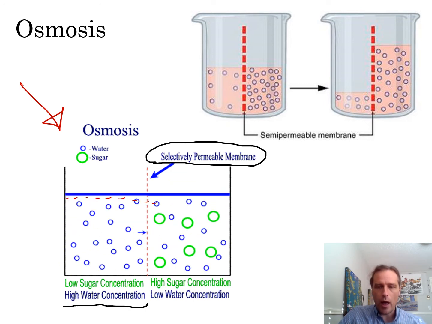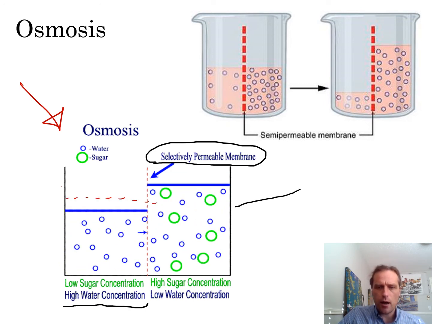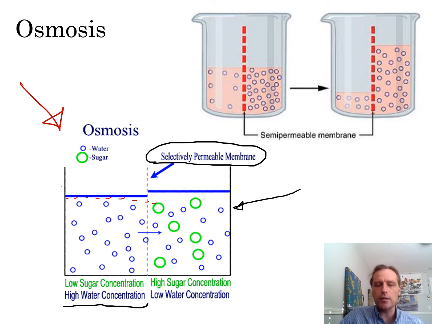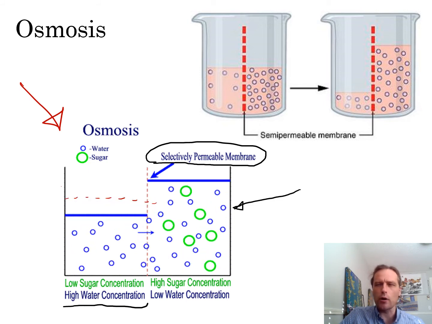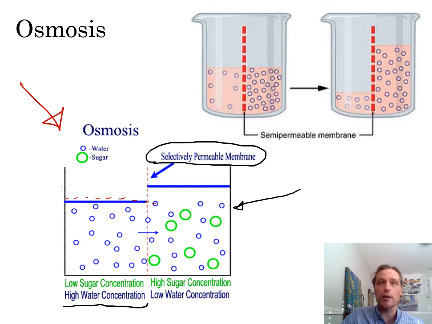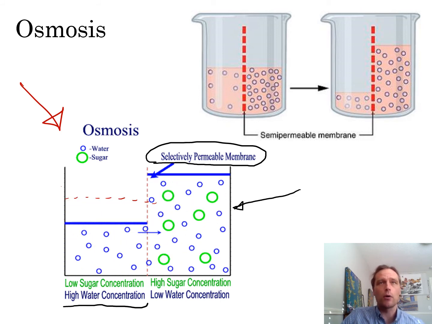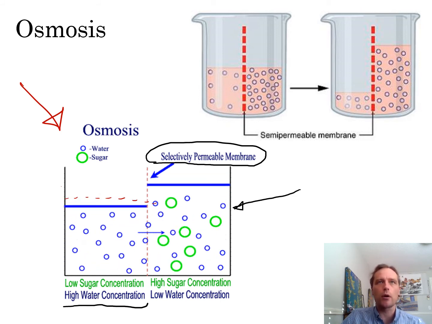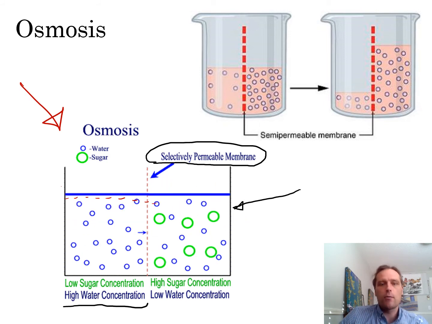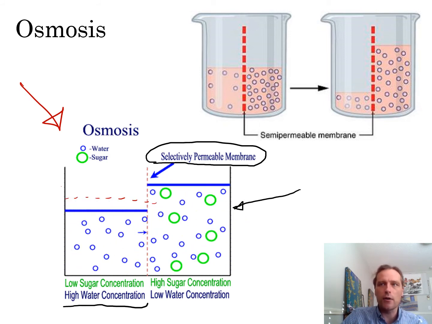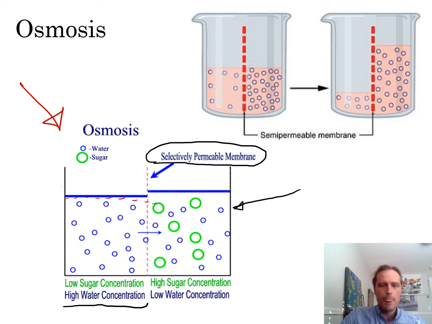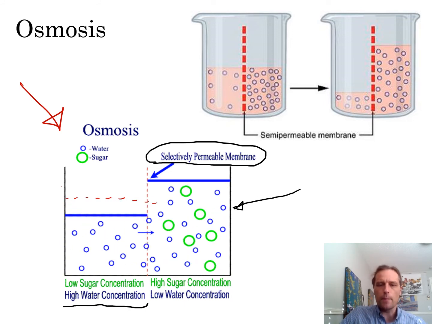Next, how is it that on the right-hand side, this is a lower concentration of water? It's weird to think of water as a concentration, because usually we're adding salt to water, and there's still the same amount of water, and now it's a 5% salt solution. So think about it this way.